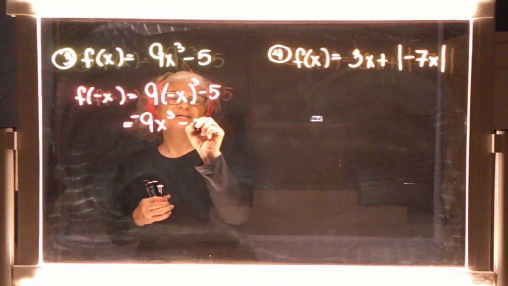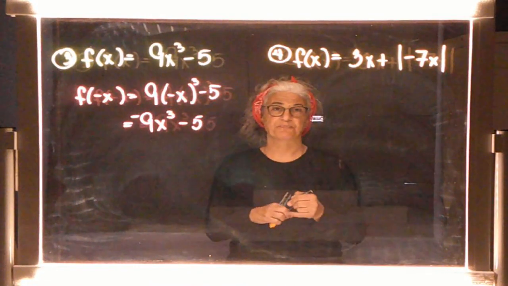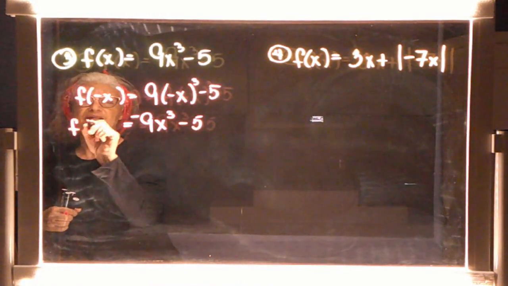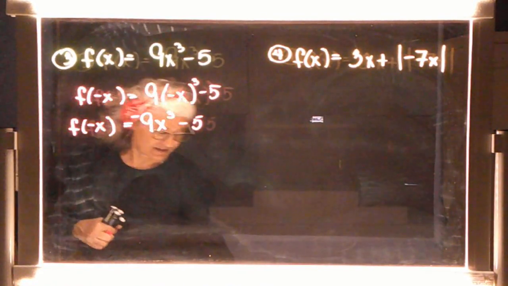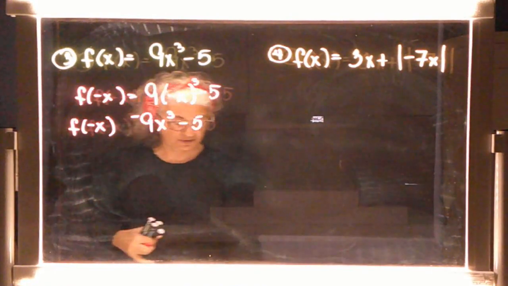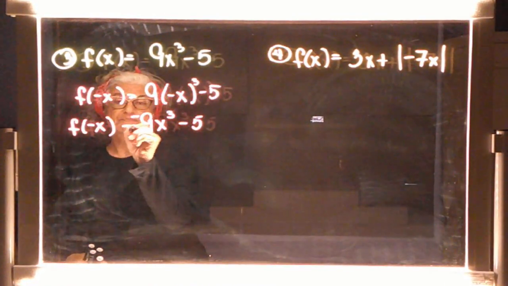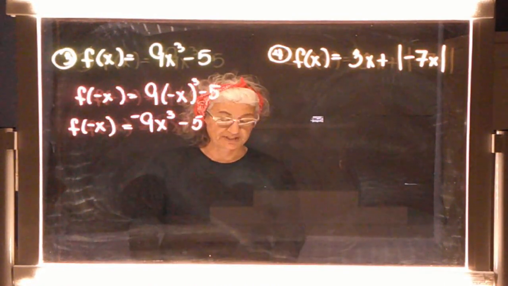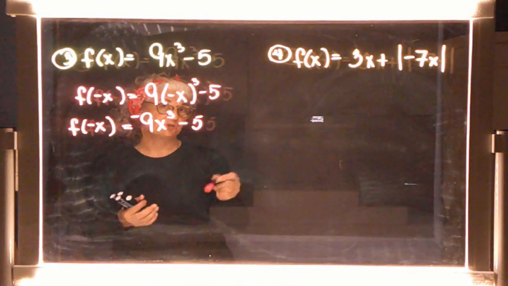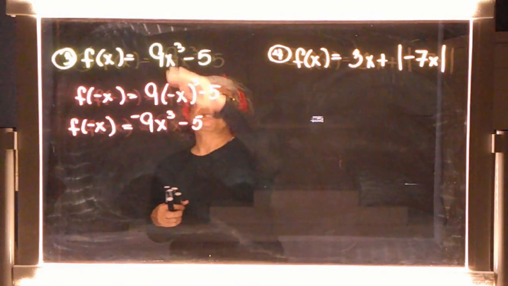And I still have a minus 5, don't I? Okay, so when I plugged in the negative x, and I am going to scoot my equal sign over just a wee bit so it's easier to see, I end up with a negative 9x to the third minus 5. So here's the question. Did I get the exact same function?